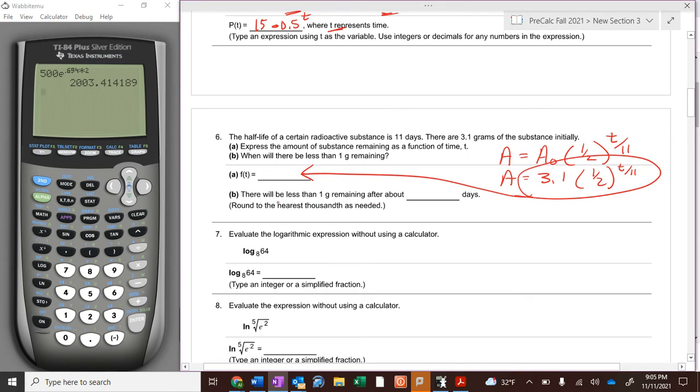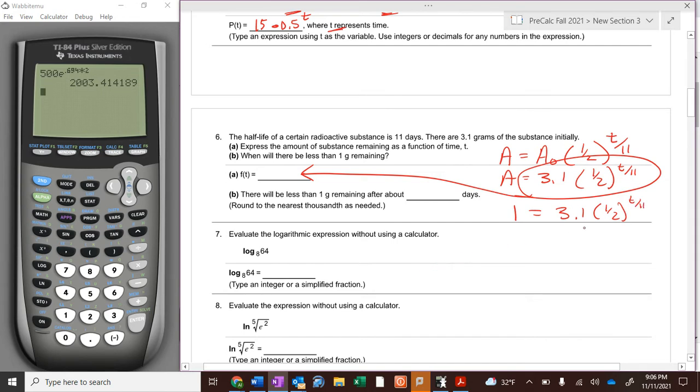We want to know there will be less than 1 gram remaining after about how many days. So we put 1 in here, 3.1 times 1/2 to the T over 11 power.